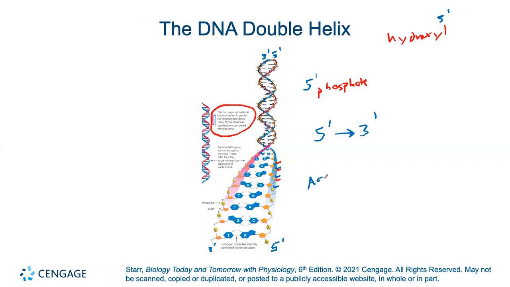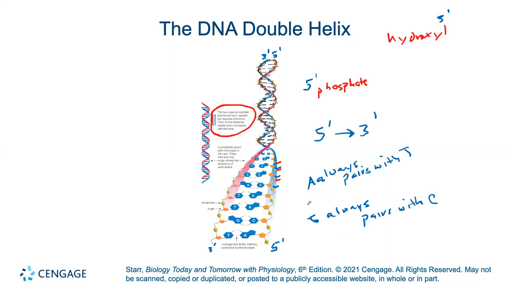A always pairs with T, and G always pairs with C. Okay, those are Chargaff's rules, right? So an A on one strand will pair with a T on the opposite, and a G on one strand will pair with a C on the opposite strand, right?